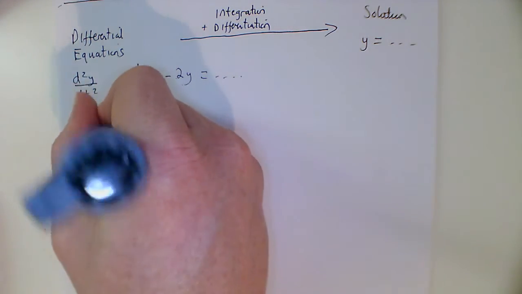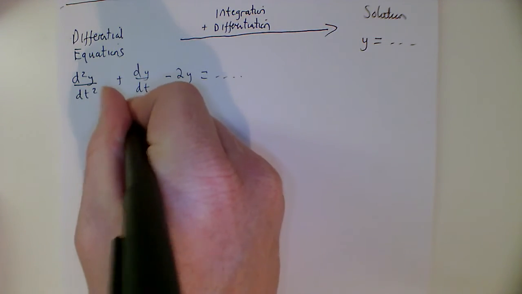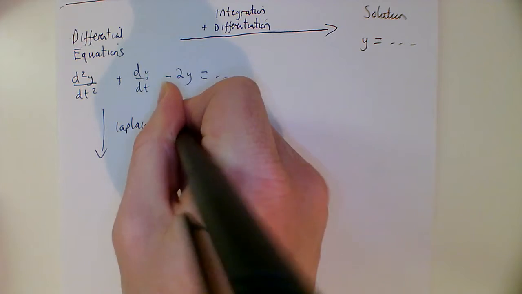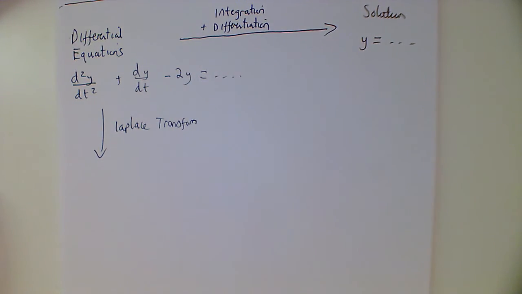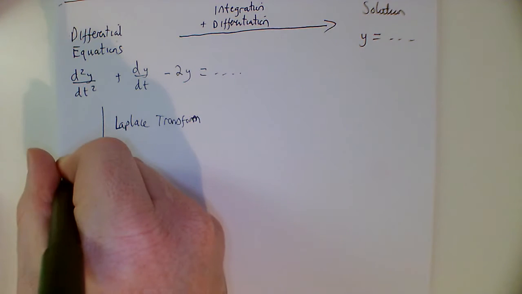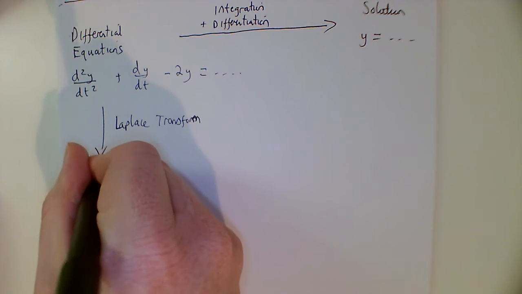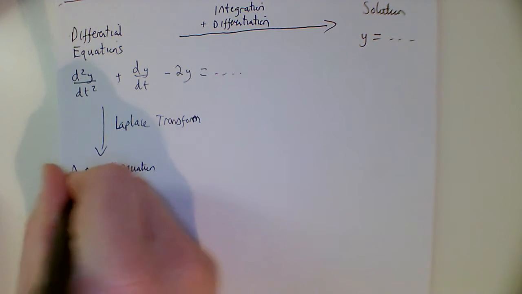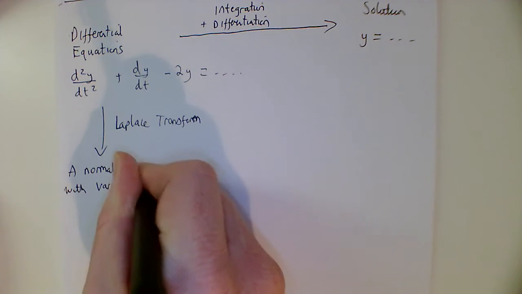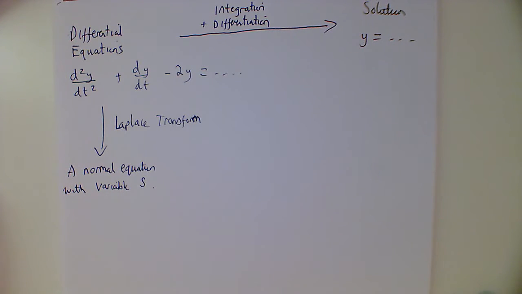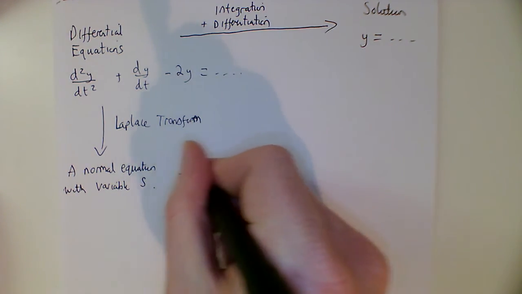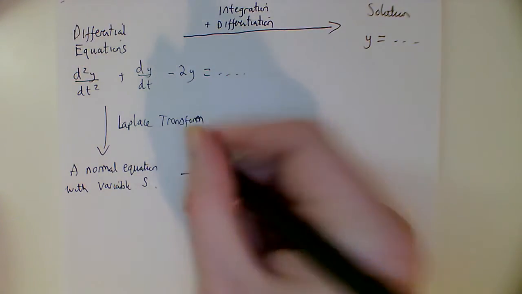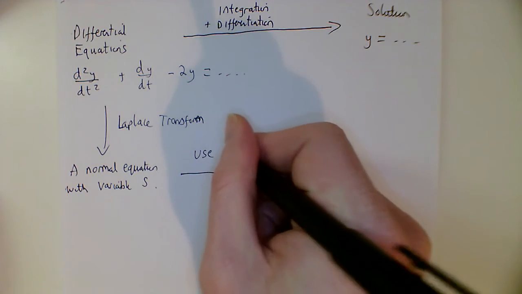Now, if we do a Laplace transform to our equation, now we'll show you how to do that later, we end up with a normal equation with the variable s instead of t, or s instead of x, and then we can do partial fractions or just use normal algebra techniques.